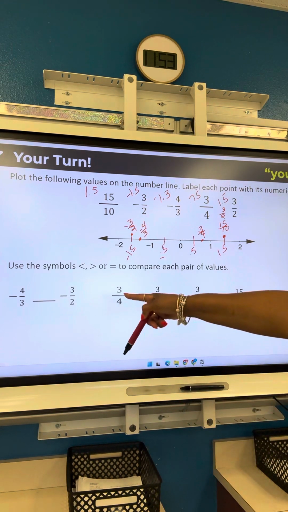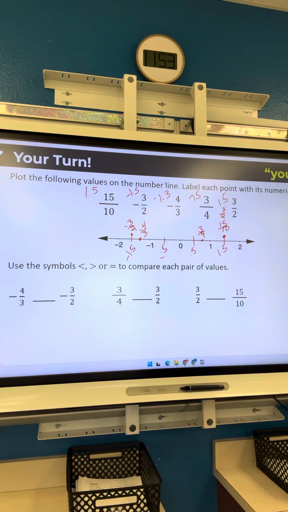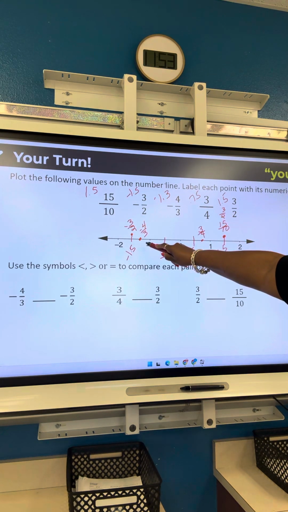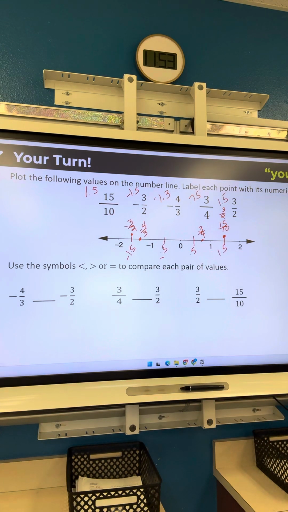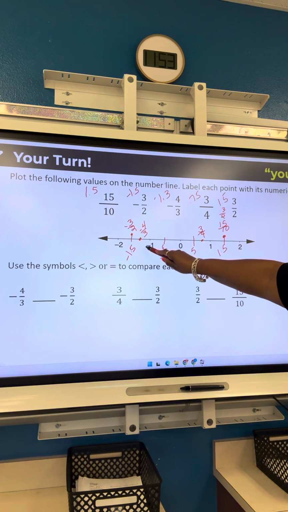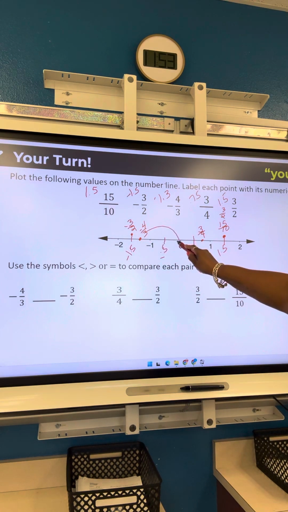So it says negative 4/3 and negative 3 halves. So negative 4/3 is right here, and negative 3 halves is right here. The rule is the closest one to 0 is the bigger number. So looking at the decimals, negative 4/3 is right here to 0.